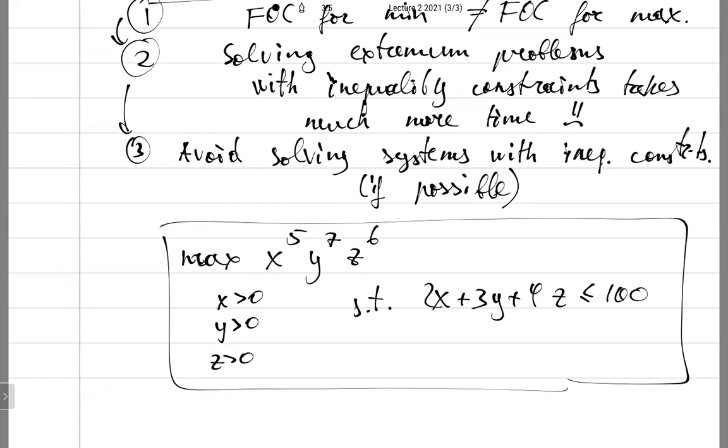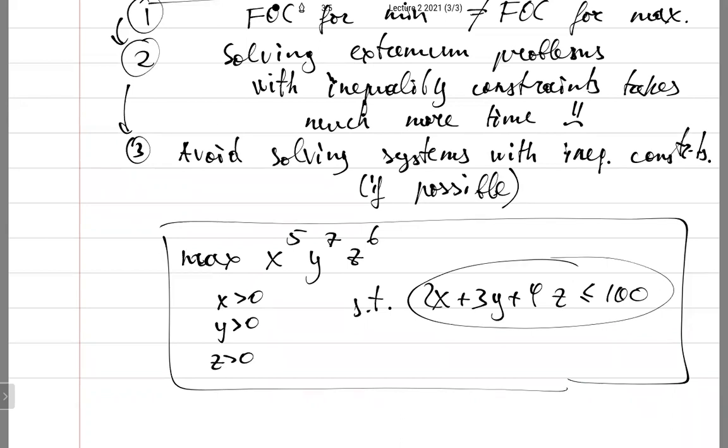And it's much more reasonable not to delve into these problems with methods we will discuss, but to just say it's obvious that if I'm maximizing the product of x, y, z, then I'm sure that at the optimal point, 2x plus 3y plus 4z will be exactly equal to 100.